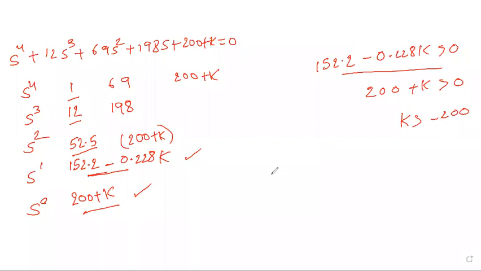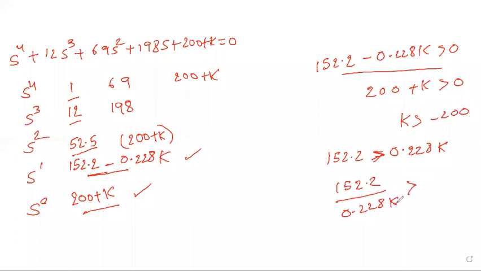So what about this value? 152.2 greater than 0.228K. So 152.2 divided by 0.228.